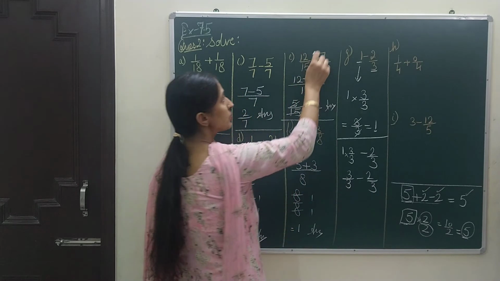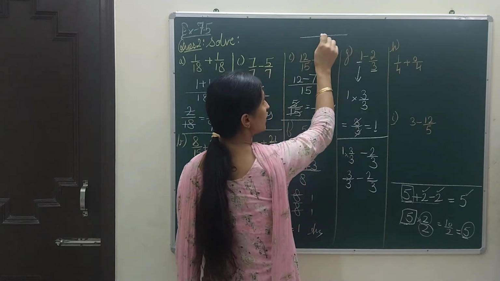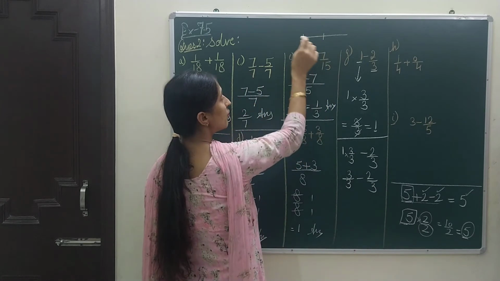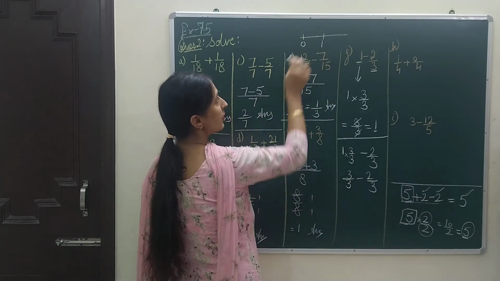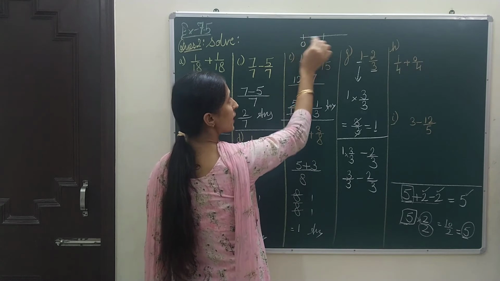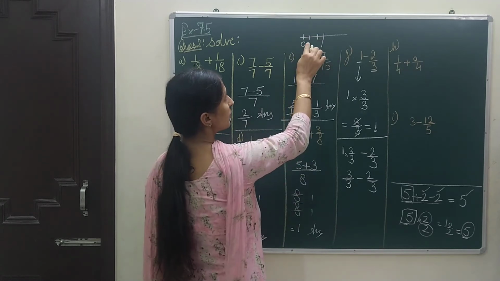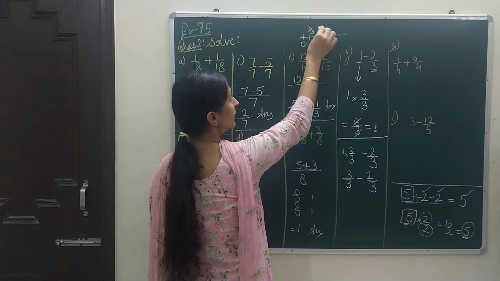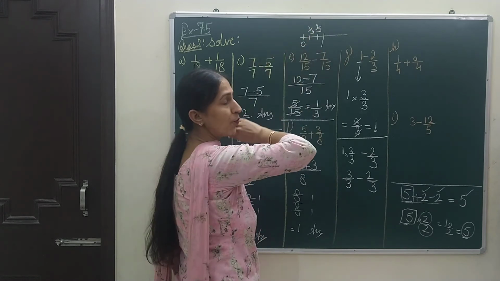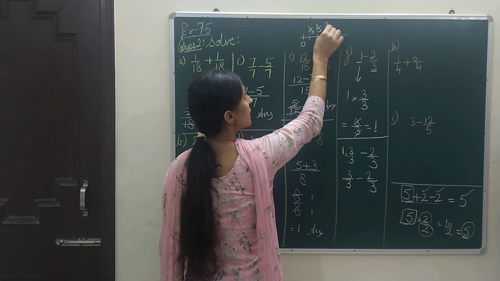In the questions on whole numbers and fractions, I also told you, when you were plotting fractions on a number line, suppose I am dividing this part into 3 equal parts, then the first fraction represents 1 by 3, the second represents 2 by 3, and at 1 it is 3 by 3.